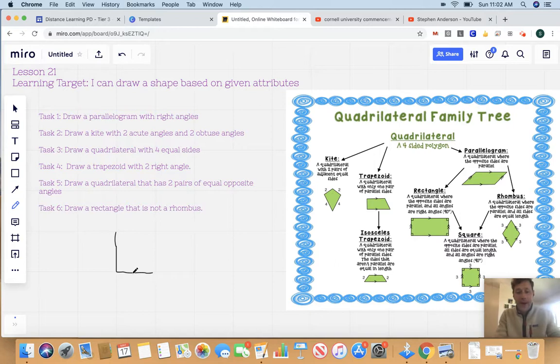Maybe they're going to ask for a square. Okay, no big deal. You'll just close this side and this side. Now you've got your square. Maybe they'll ask for a rectangle. Okay, no big deal. You'll draw it out a little bit further, because remember, a rectangle won't have all equal sides.